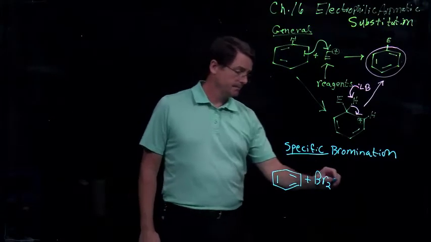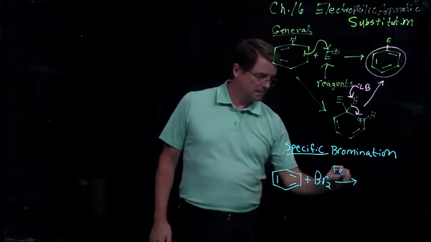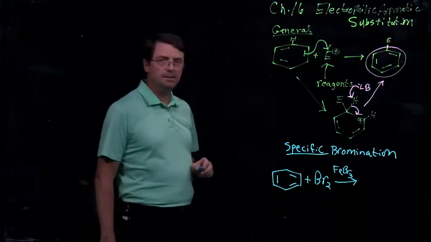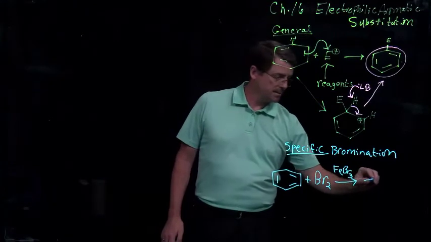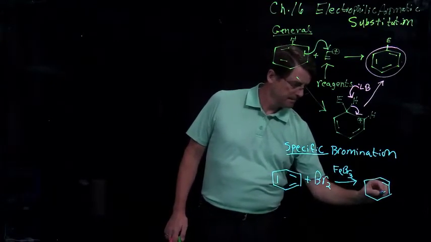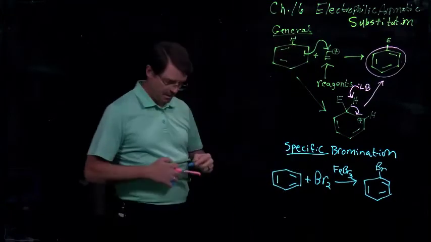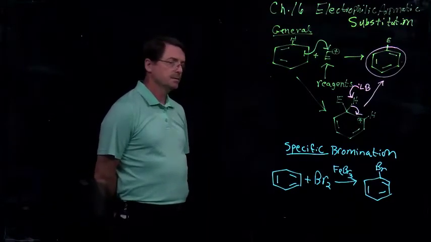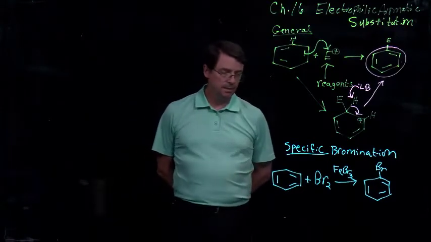They don't react. So we add a catalyst. In this case, the catalyst is iron tribromide. Now this is a mild Lewis acid that results in the substitution and the production of bromobenzene. Okay, so that's bromination. Now, how does this reaction occur?